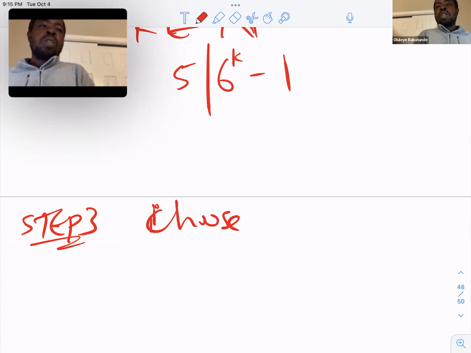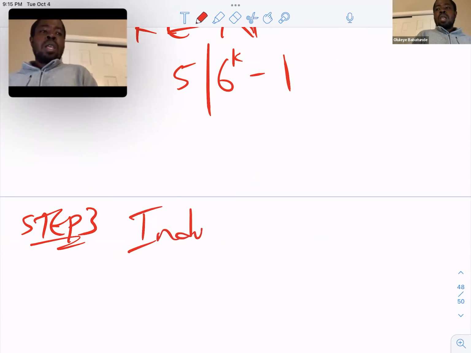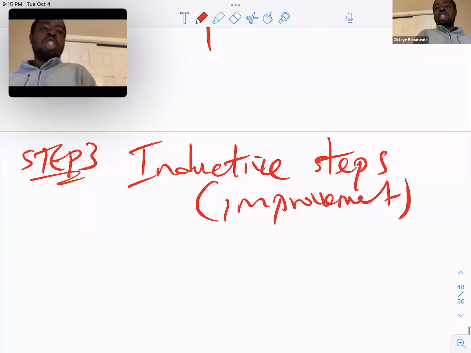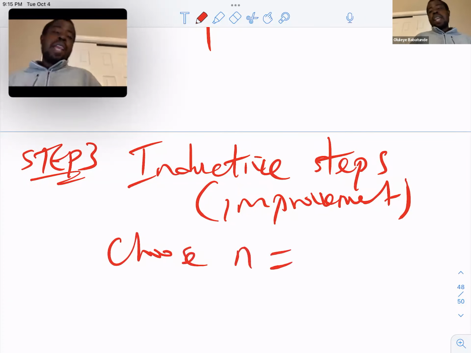You have to move ahead. And that step number 3 is actually called the inductive step or inductive improvement. So choose n instead of k, choose n to be k plus 1.